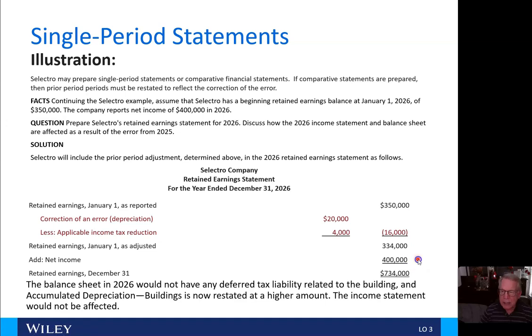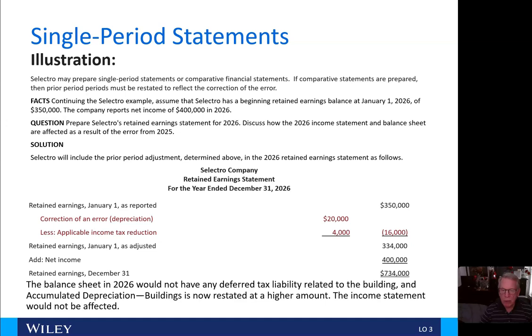We add net income from 2026, and that gives us retained earnings at the end of the year of $734,000.